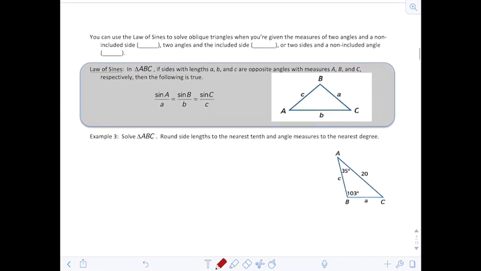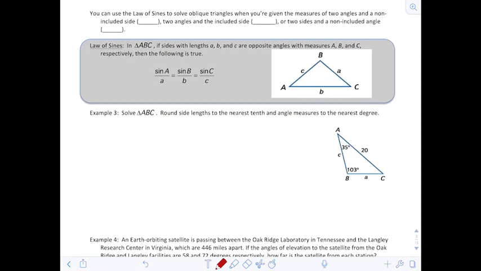All right, now we're going to use the law of sines. So the law of sines is something you can use when you're given different information. So with the law of cosines, you need side, angle, side, or you need side, side, side. But with the law of sines, to solve an oblique triangle, you're given the measure of two angles and a non-included side.